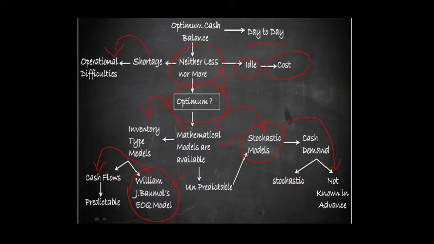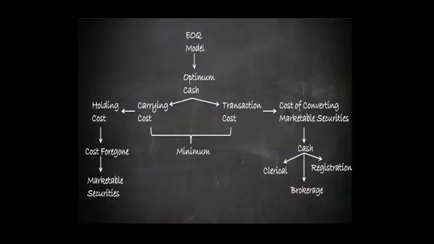So let's now focus on Baumol's economic order quantity model. The Baumol economic order quantity model was proposed in 1952. This model tells us how to find optimum cash.